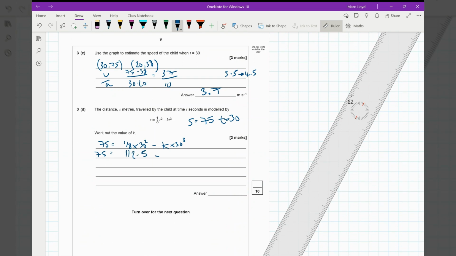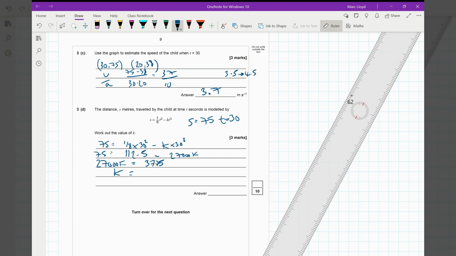Take away 30 times 30 times 30, 27,000 k. Now if I add that on both sides, and then I subtract the 75 from the 112.5, I've got... no, I've divided. I needed to subtract. 112.5 take away 75 gives us 37.5. Apologies about that.